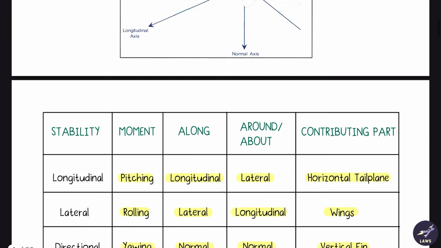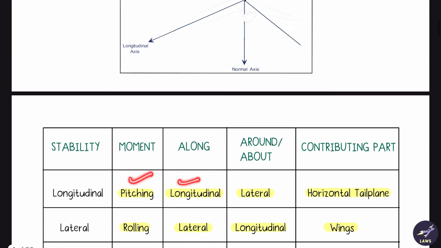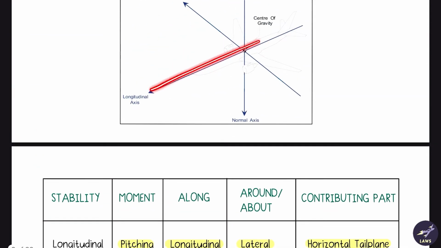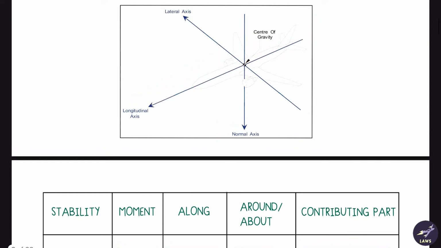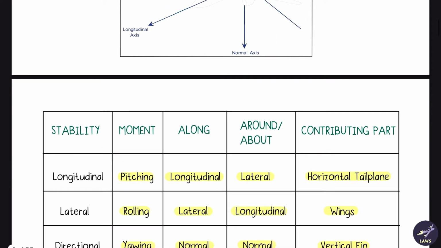So in longitudinal stability, the moment is pitching along the longitudinal axis, and it is around or about the lateral axis. The contributory part in the longitudinal stability is the horizontal stabilizer or the tailplane.